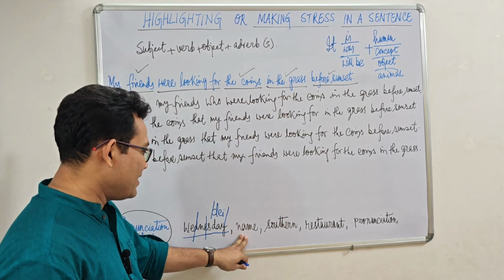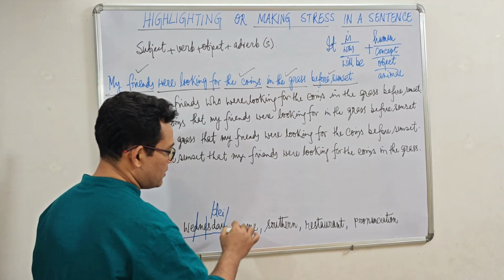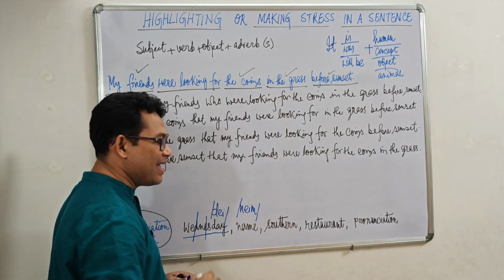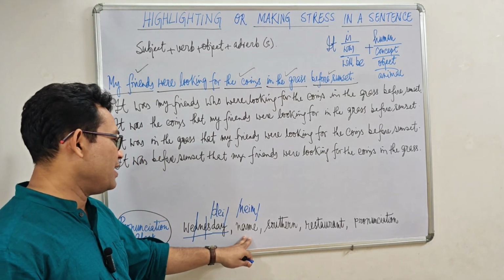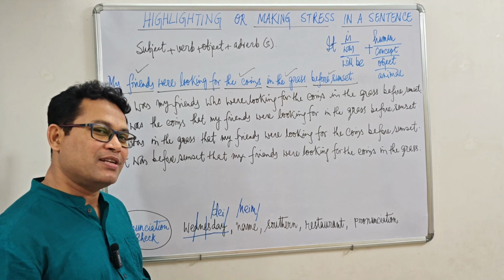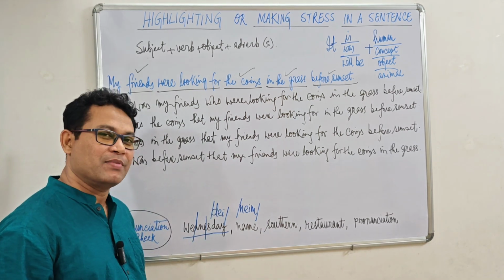Next one, name. This is not name, this is name. Okay, so it should be name, not name. I can say, what is your name? I can also say, what is the name of your brother? Okay, like this.